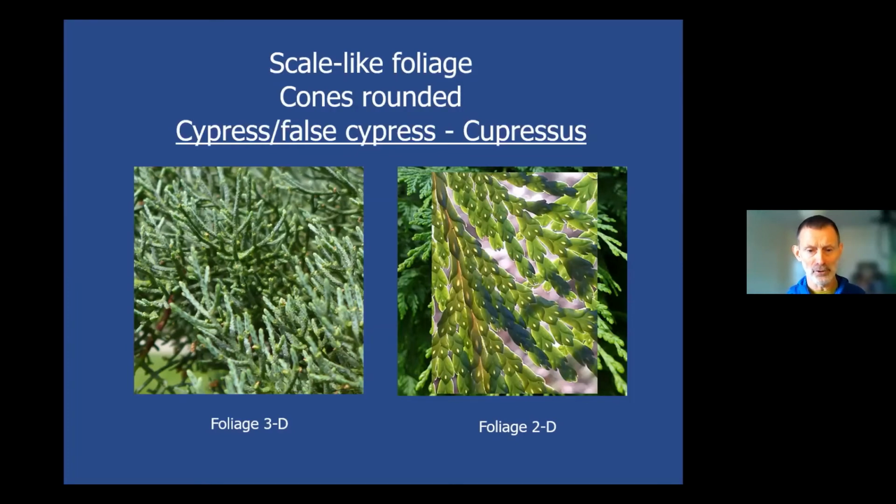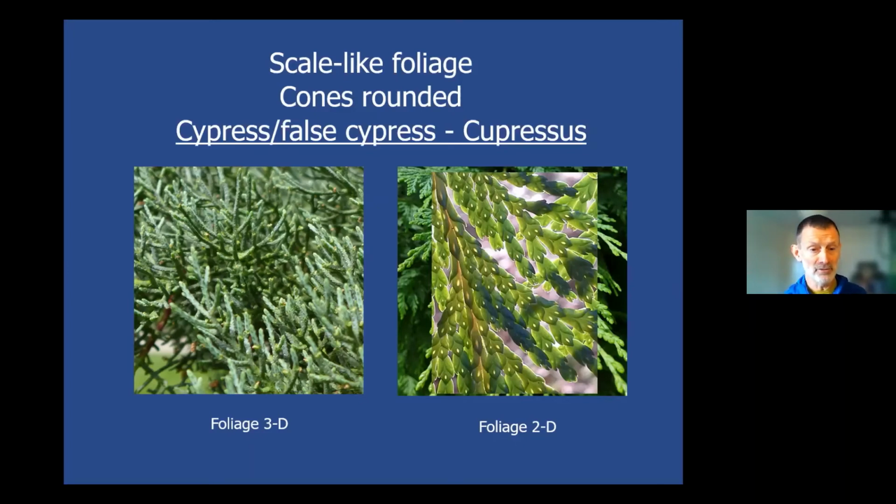And in this picture on the right now, you can see what look like little white dots in the middle of the scale-like leaves, and those are resin glands. Now, sometimes they are translucent, quite often they're not, but you can still see them on the surface of the leaf as a little kind of blister, if you like. And if you very delicately prick those with a pin, you'll get a really strong hit of the fragrance. But definitely, again, with these, have a little crush of the foliage.